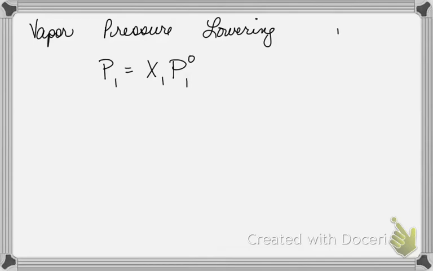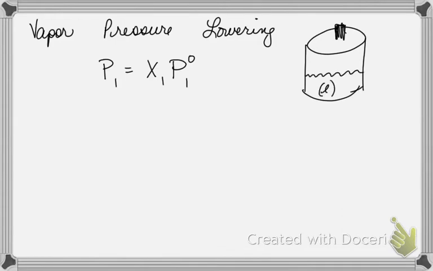We've talked about it in Chapter 11, I believe, but if you have a closed container with a lid on it, and you have a liquid solvent in this container, it can be water, it can be anything, but it's a liquid, then you know that in the air above this liquid, particles of that liquid have vaporized, and they exert a vapor pressure.